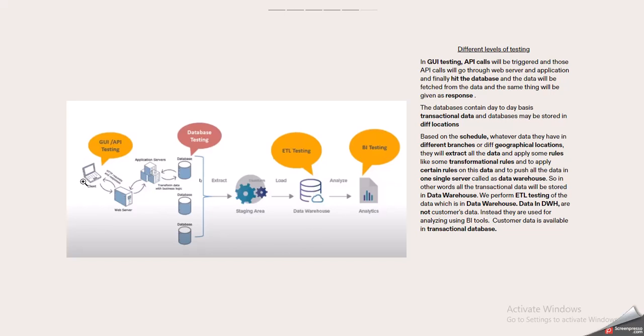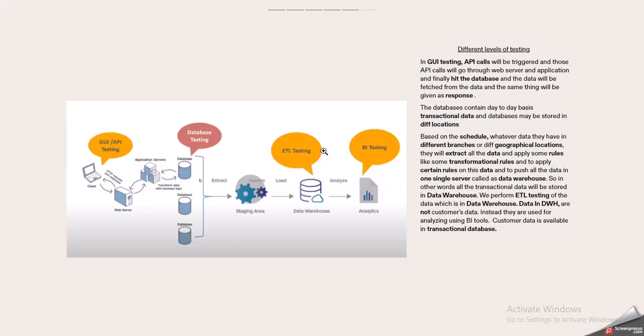So we will change something in this application or in the database that will gather more information, and these customers will be able to get the benefits, and so our company will be profitable. This analysis is done in BI, where quality analysts are not directly involved, nor the developers; we have separate people for that. And ETL testing is basically what we check in the data warehouse.